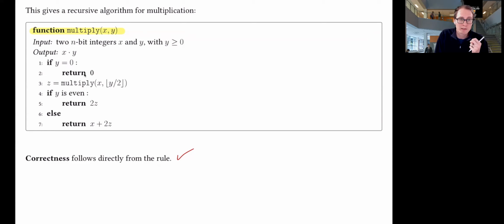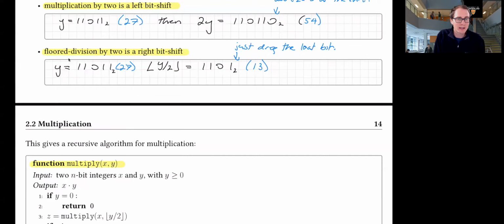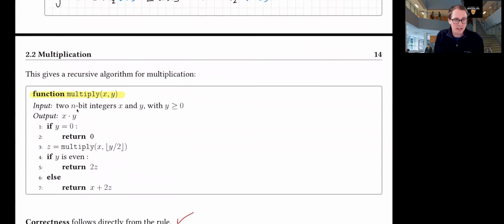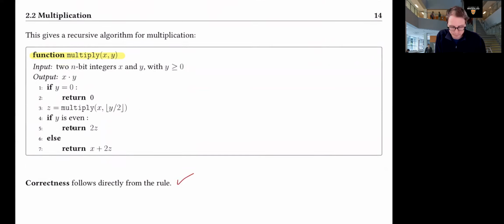At that point, we return our base case. So how many times will we call multiply? That's the first thing to think about. Well, floored division by 2 is a right bit shift. So each time we do a floored division, we lose 1 bit in the second argument. Since it started off as an n-bit number, it'll take us n recursive calls before the second argument is just 0.